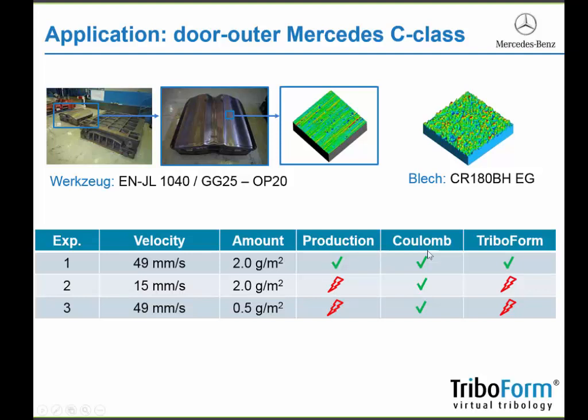If you simulate it with Coulomb 0.15, then in all cases you have a green light to go to production because your FLD will remain below the forming limit curve. But if you do it with Triboform, then for the first part it's critical but okay, so no cracks. And for the other two cases, you will find cracks in the product because the tribology system is changed.